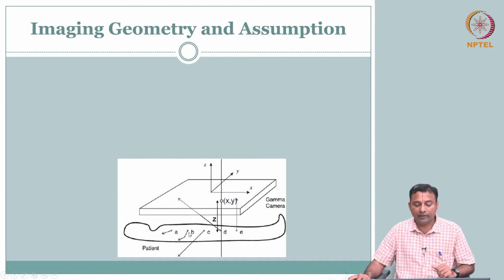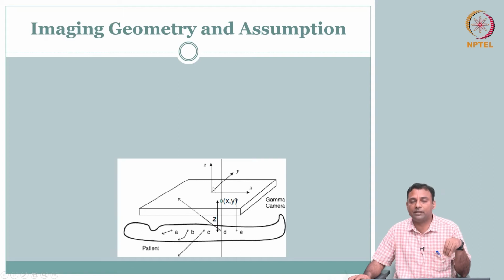Then it may get, so here it doesn't come out of the body, or it may come out of the body like these cases, but it can actually go in some other direction where the detector is not there. Okay. So that is again a chance for that. So if you account for all these chances, even after you have the radioactivity distribution, only a portion of it which actually comes on the same side of the detector has a chance to go to the detector.